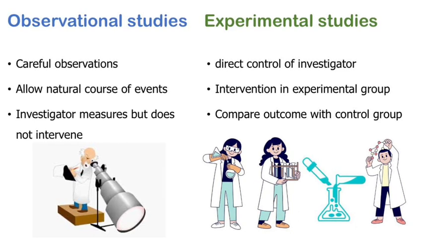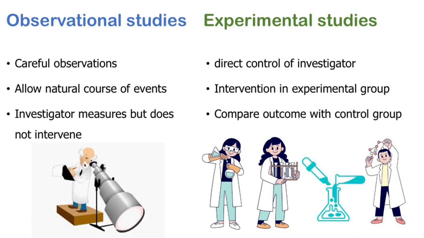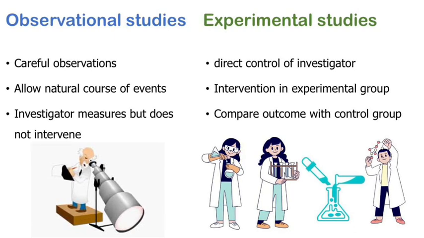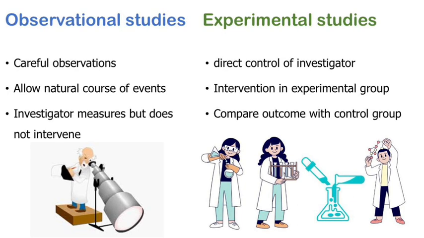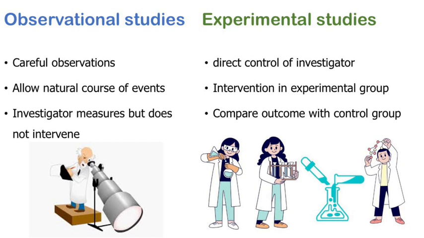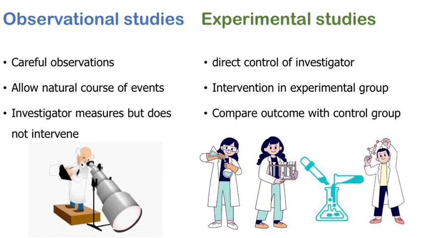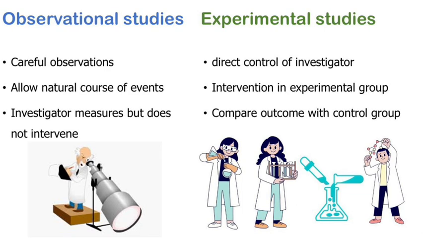So, for example, in a supermarket, when we are selecting the items, the staff observes us doing the procedure and measures how much items we are taking, but they never intervene.